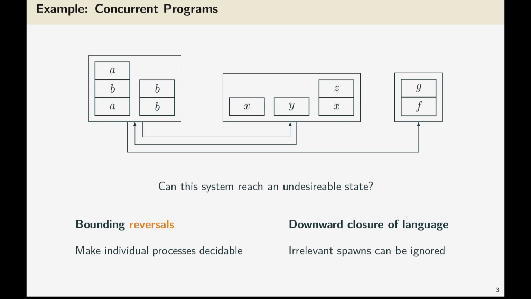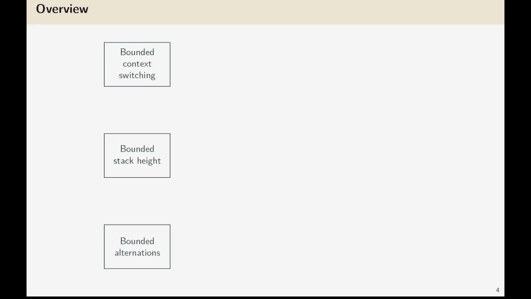But there's a bit of a problem, because there are always these different bounds you can take. For each of these bounds, essentially, you have to find a new algorithm to compute the downward closure. This is where our contribution comes in. We're starting with these systems that are all bounds on multi-stack automata.